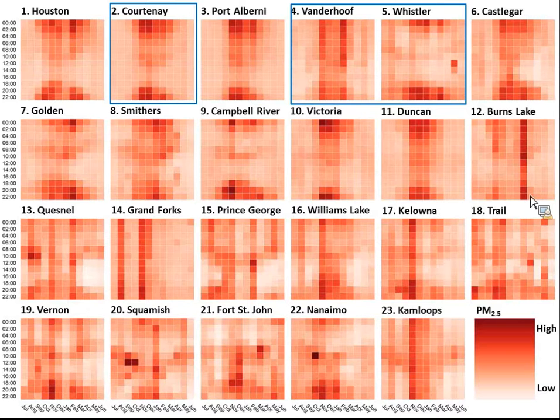And then you look at Burns Lake, where you have that one strip that shows. And then we have it again in Squamish, but this time it's more in the winter. No, it's not Squamish, it's number 14, Grand Forks. So what's going on there?